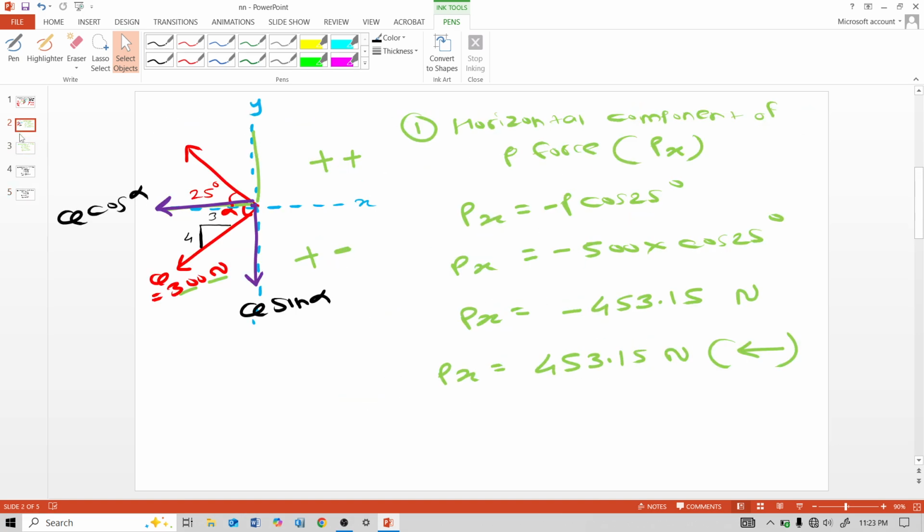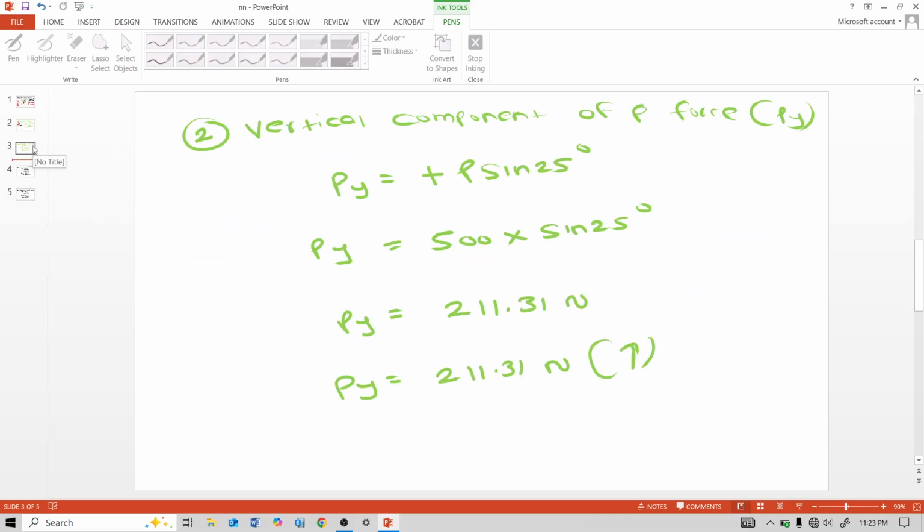So we solved our horizontal component of P force, Px, is 453.15 in a negative x direction, and our next vertical component of P force is 211.31 Newton in the vertical y direction.